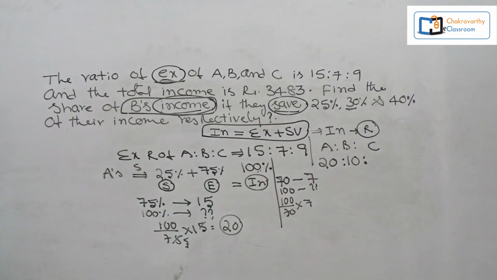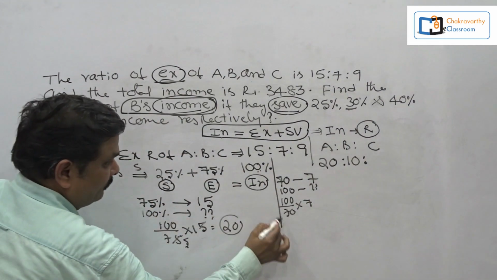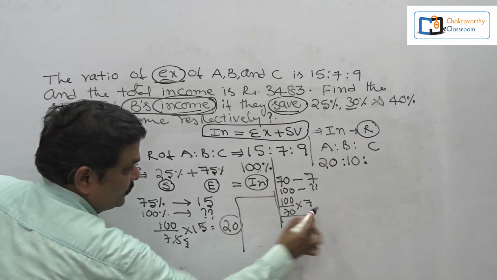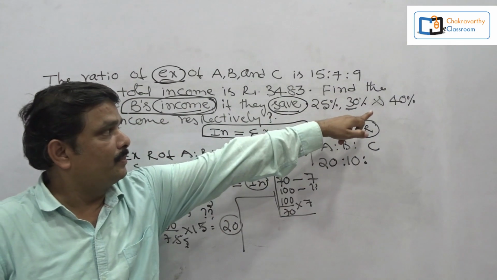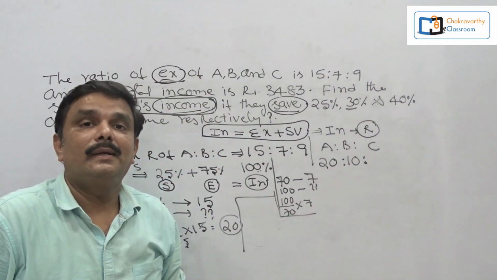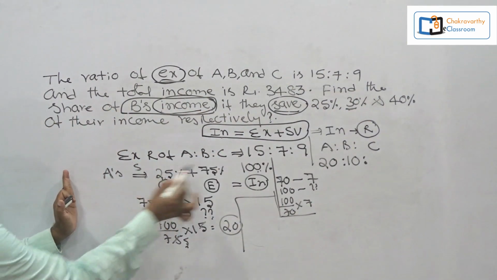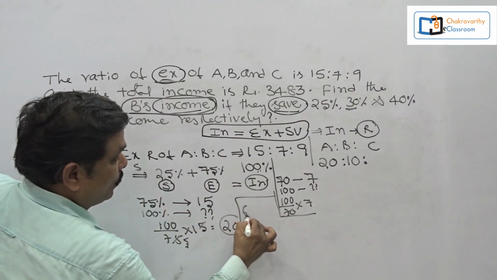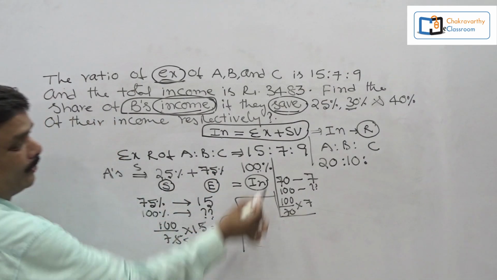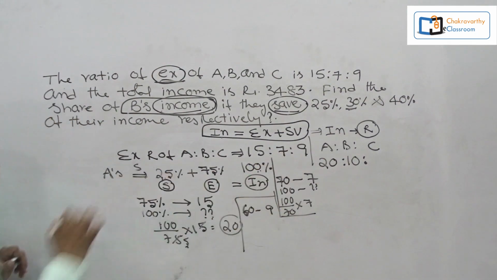Right, now go for C. You do it for C quickly. C's savings percentage is 40%. Now here, when savings is 40, expenditure should be 60. Now 60 is equal to how many parts here? 9.